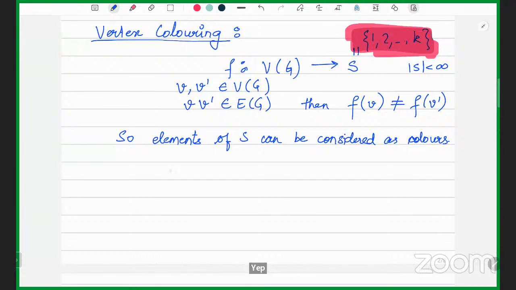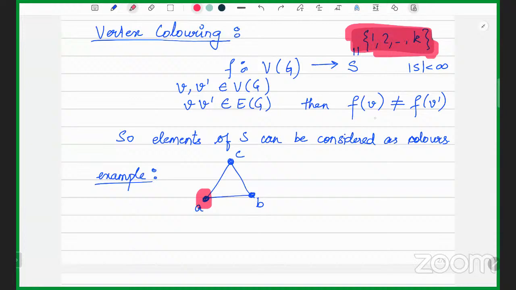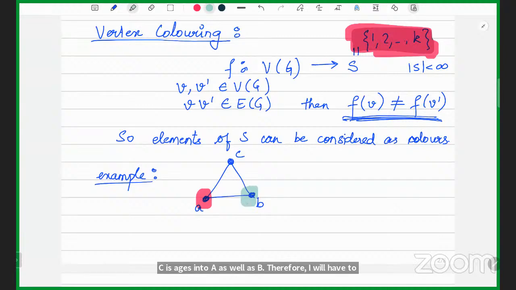So for example, let's say I would have taken this graph with three vertices: vertex A, vertex B, vertex C. Well, then C is adjacent to A as well as B. Therefore, I will have to pick a color which is different from both of these for the vertex C. So let's say I pick this color.